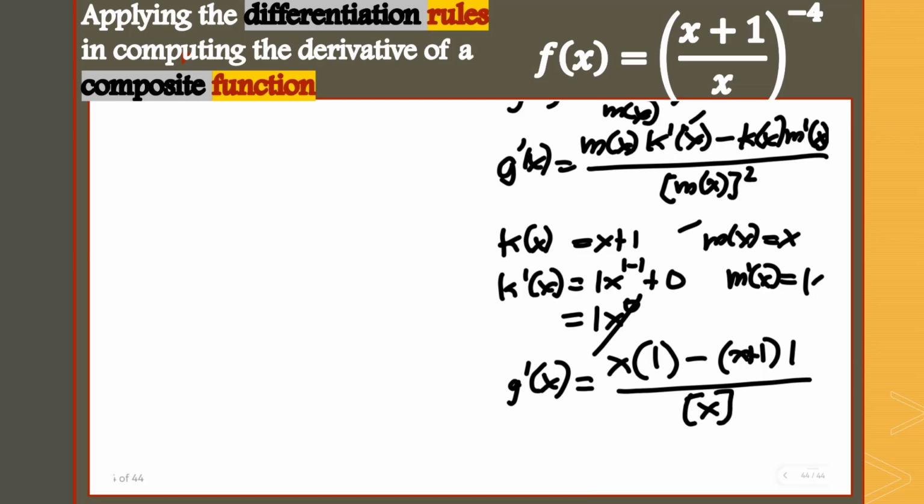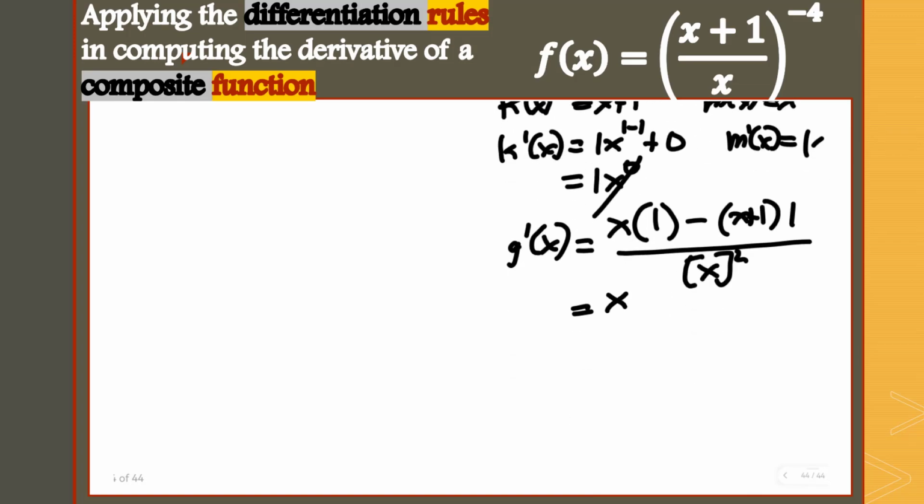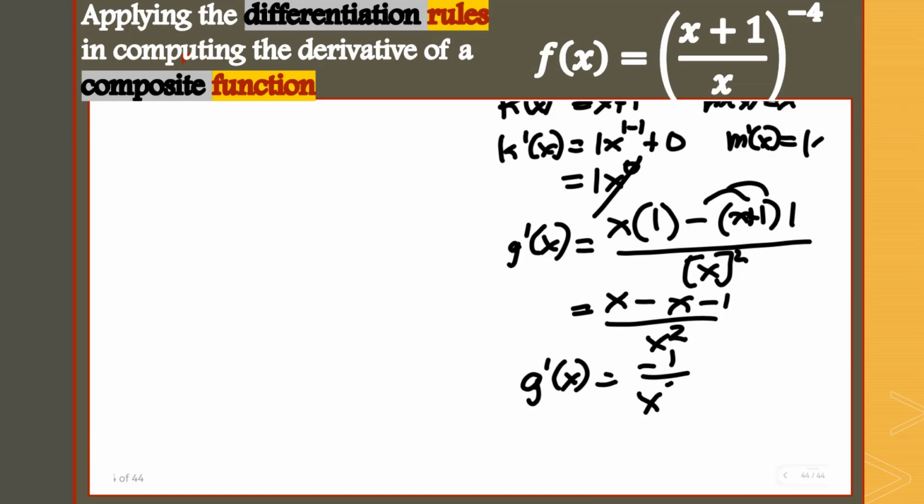So you have your x squared. This will in turn give us x minus x minus 1, as this is distributed times 1, all over x squared. So your g prime of x is negative 1 over x squared.